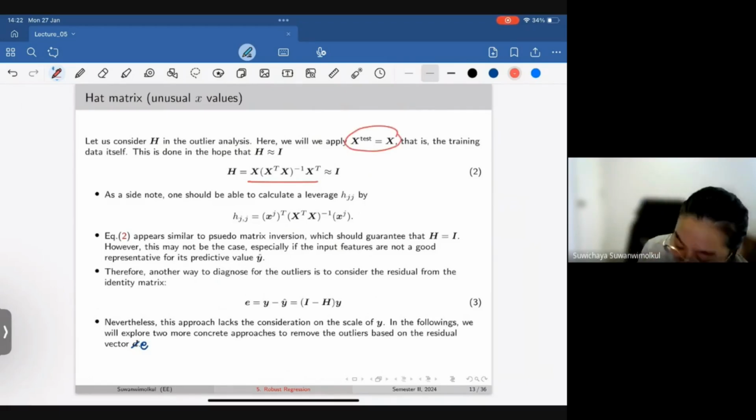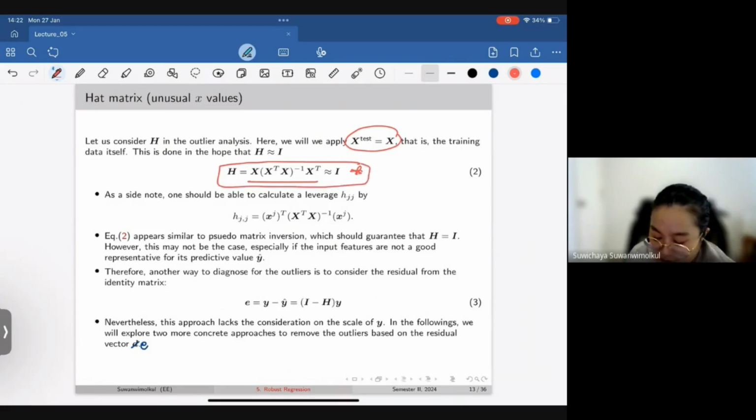Definitely, this should be something that looks like a diagonal, something like the identity matrix. But what if it deviates from that?